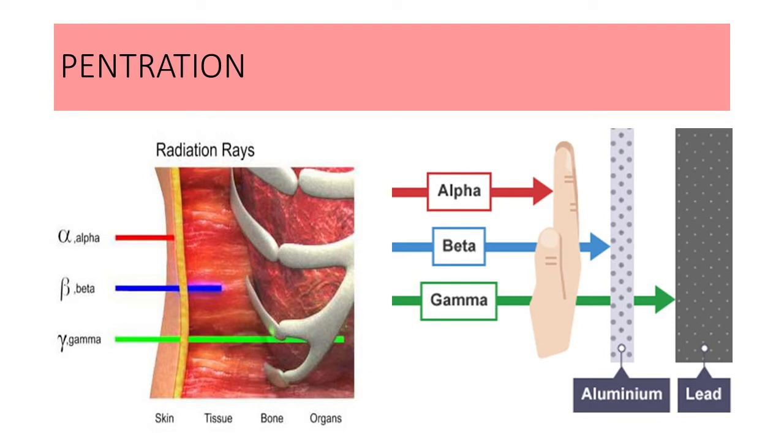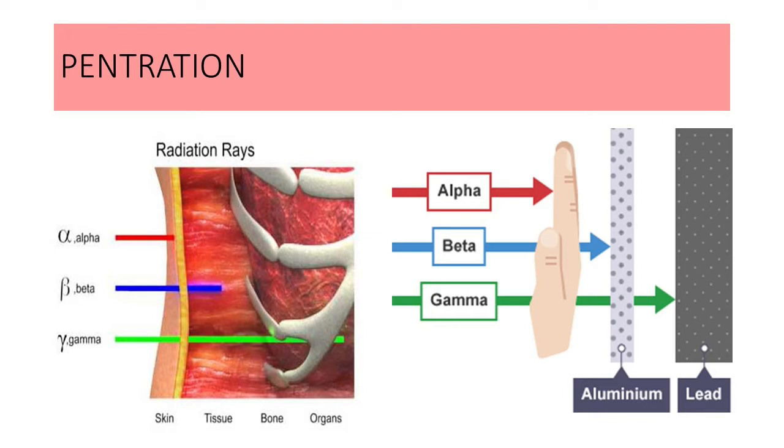Moving on, as you can see in this diagram, alpha particle doesn't reach too far in our body compared to the gamma ray, which is the most penetrating among the three. Alpha particle can be stopped using our skin or a piece of paper.